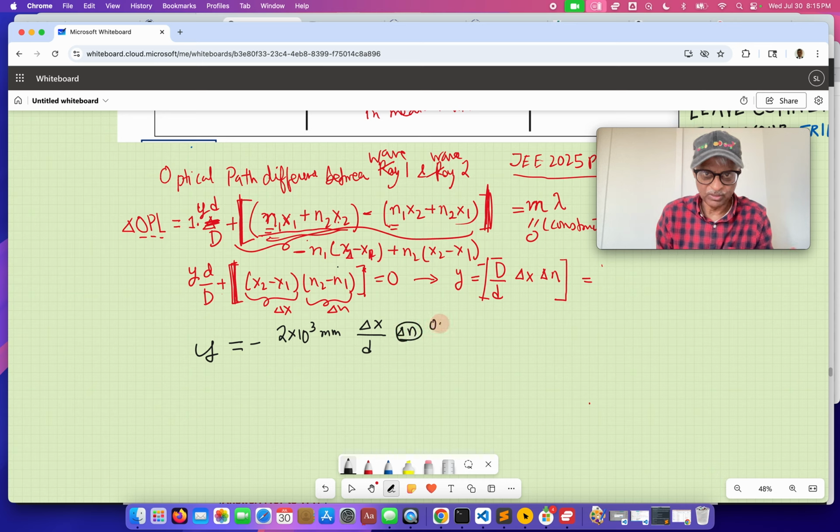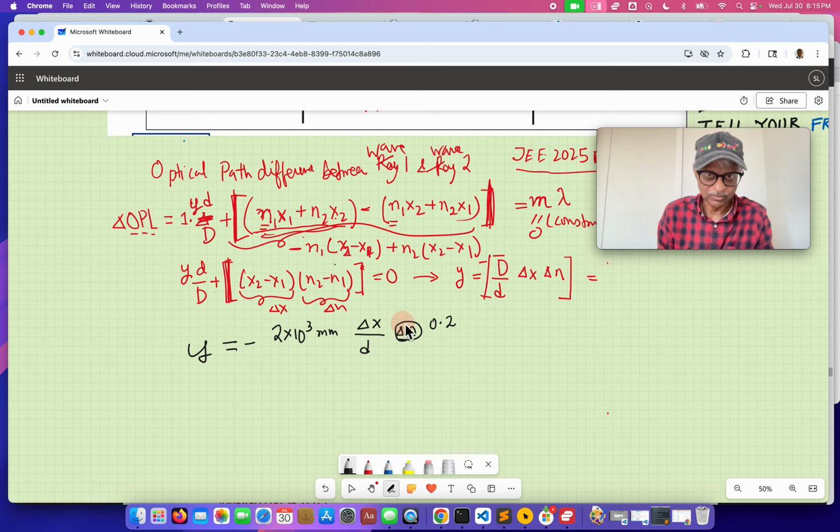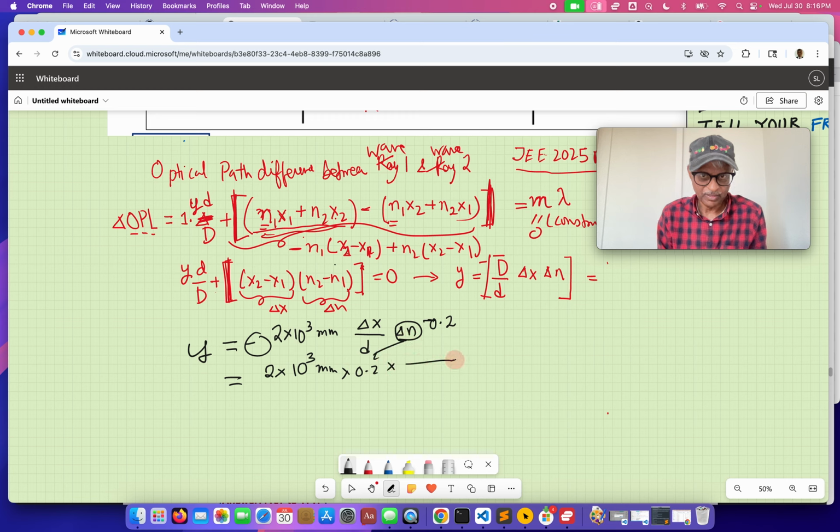This is 0.2. Actually for us n2, this is minus 0.2. Let's capture these minuses together. So 2 times 10 to the power 3 millimeter times 0.2 for this guy, delta x.